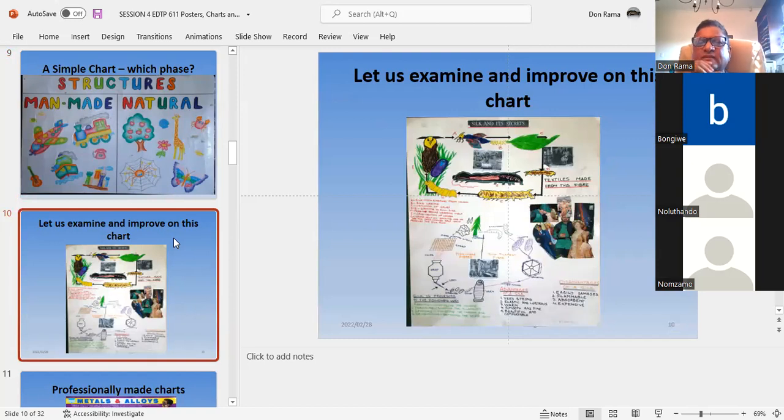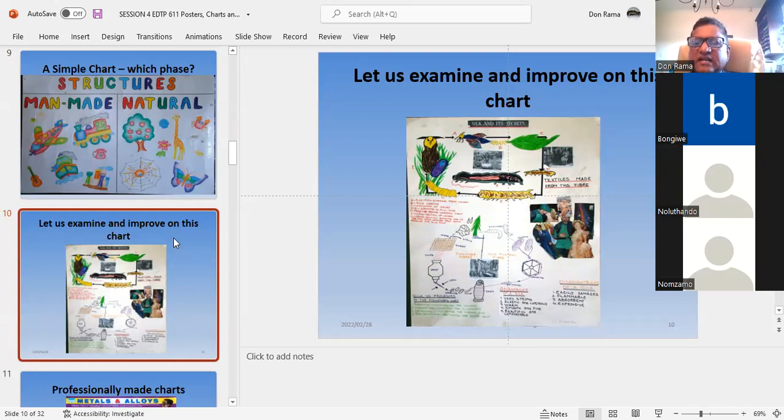This chart I've deliberately used, we have deliberately used this chart to show what a chart must not look like, right? This chart is a very cluttered chart. The title says Silk and its secrets or whatever it is there. The title itself is so small, one cannot read it.